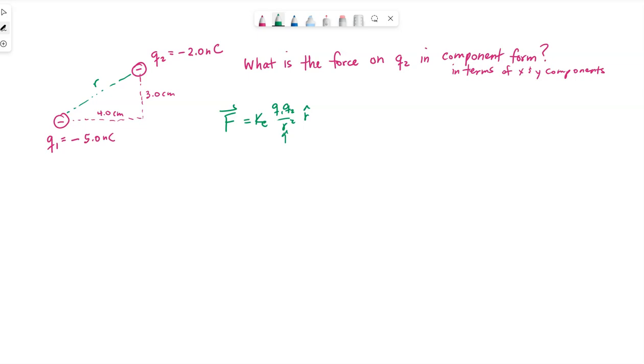Now I chose those numbers because I could easily figure out what that was, but I could use the Pythagorean theorem to figure out r, because these met at a right angle. So I could say r was the square root of 4 squared plus 3 squared, which would have given me 5. So 5 centimeters.